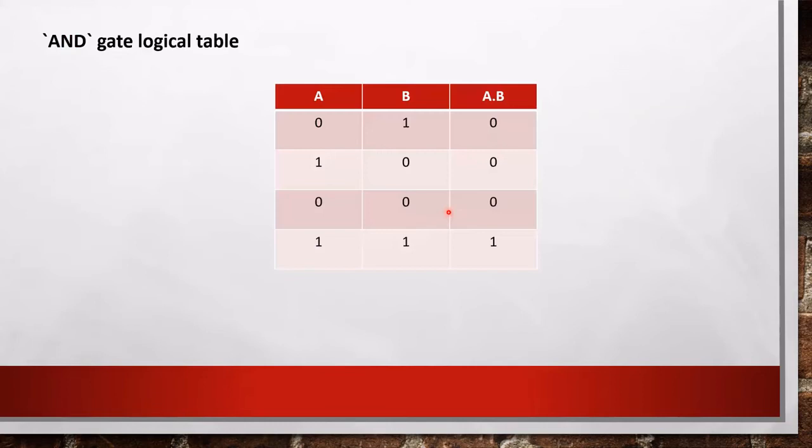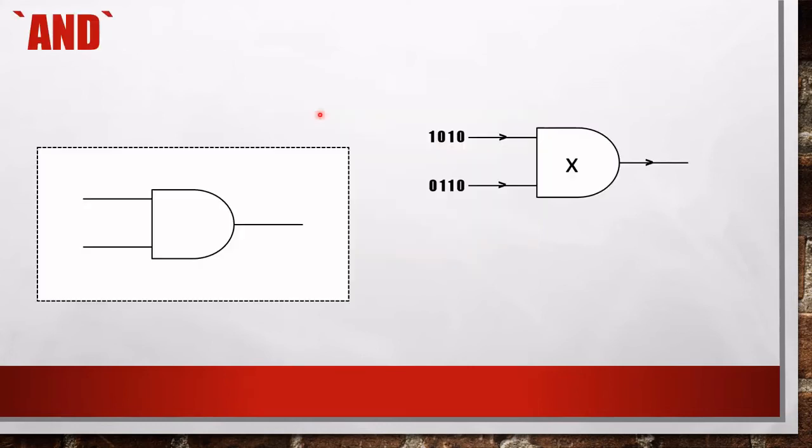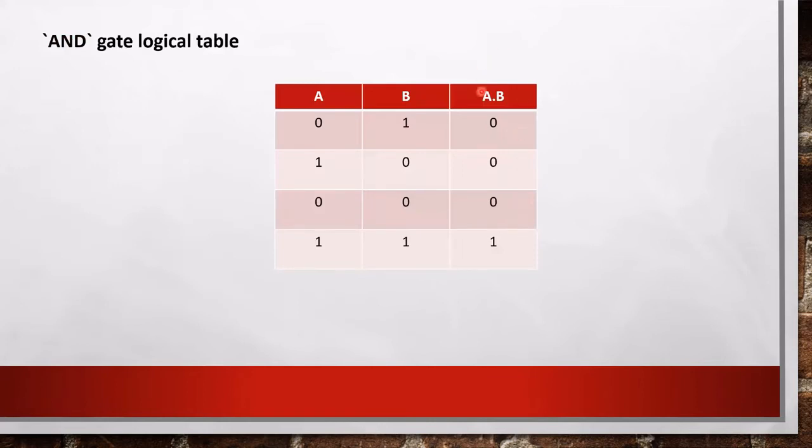Let's see the logical table of the AND gate. If you take the first data as A and the second data as B, then the output will be A into B. In the AND gate, we represent the multiplication as A dot B. For A, if you insert 0, and for B, you add 1, then 0 into 1 will be 0.